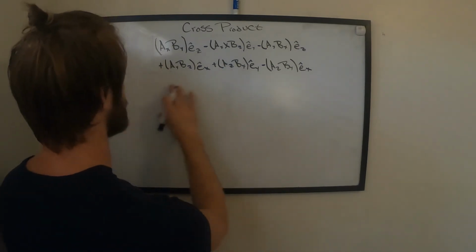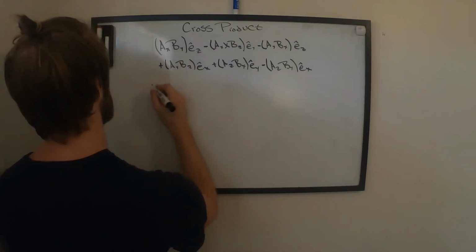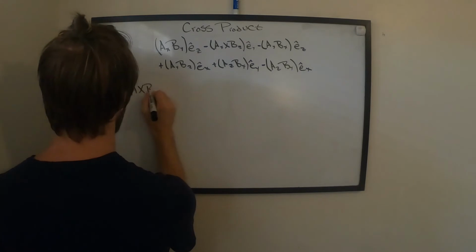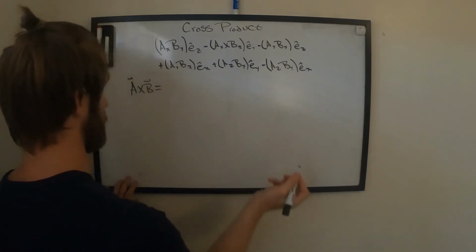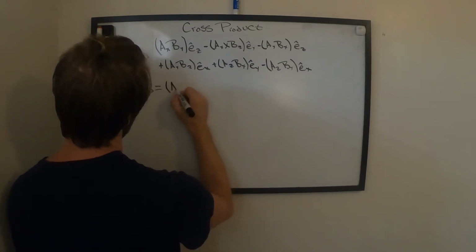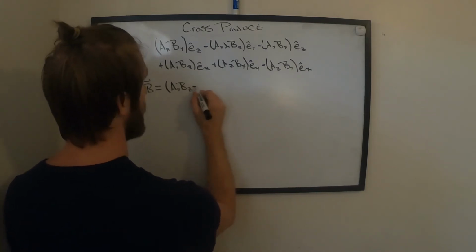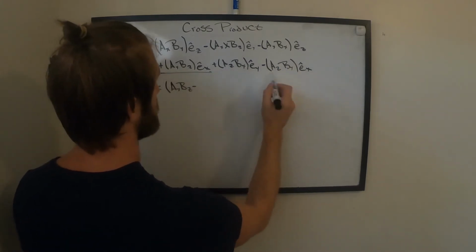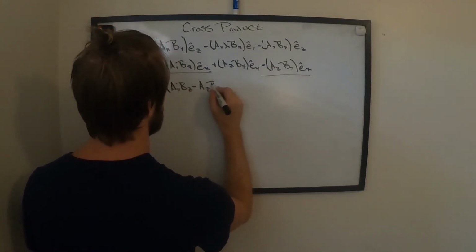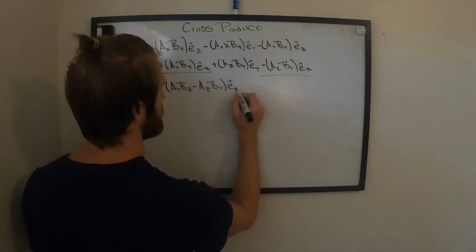Okay, so now we're just going to simplify some of these terms and put the like terms together. So at this point, our A cross B is going to be equal to, starting with our e hat x term, we're going to have a y b z minus, so this one, minus this one, a z b sub y, and that is this basis vector here.